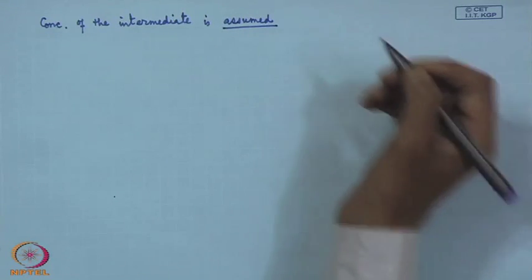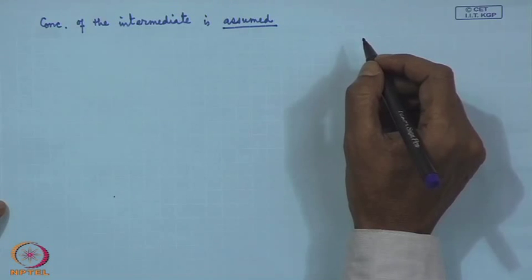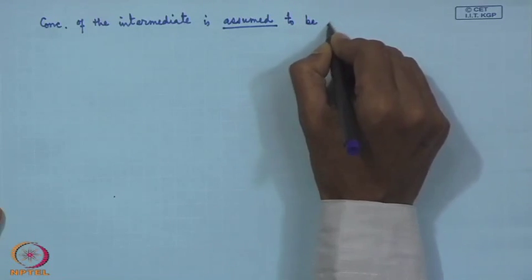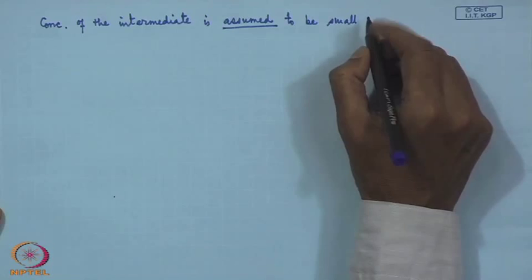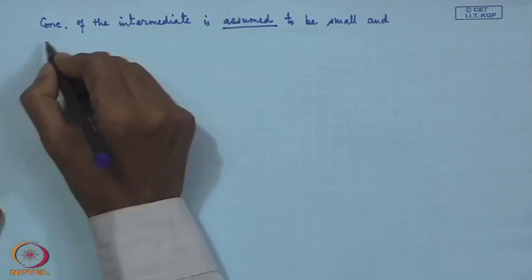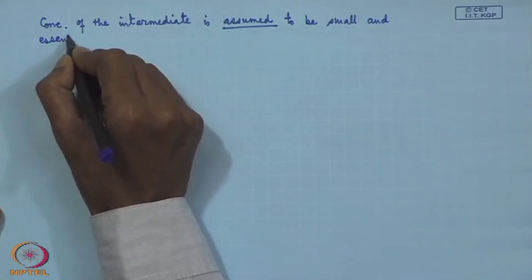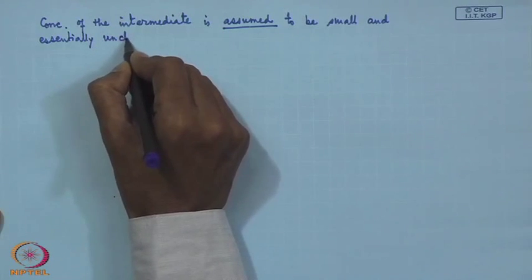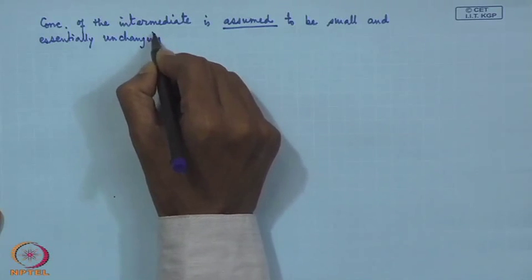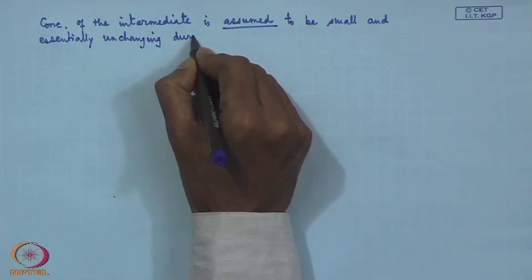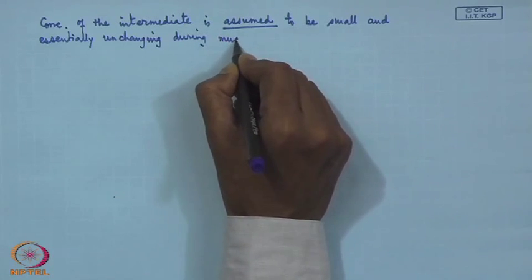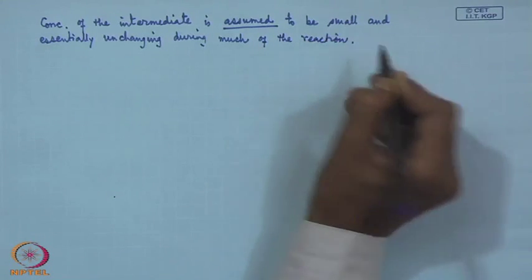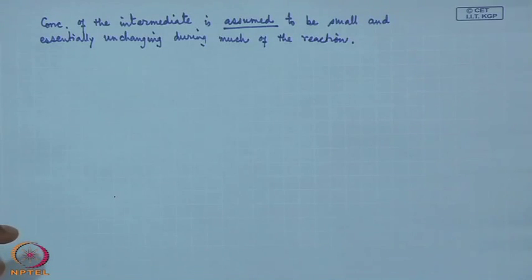That is the approximation for the steady state, which is reached for the conversion to the product: the concentration is assumed to be small and essentially unchanging, or not changing, during much of the reaction, or during the course of this particular reaction.